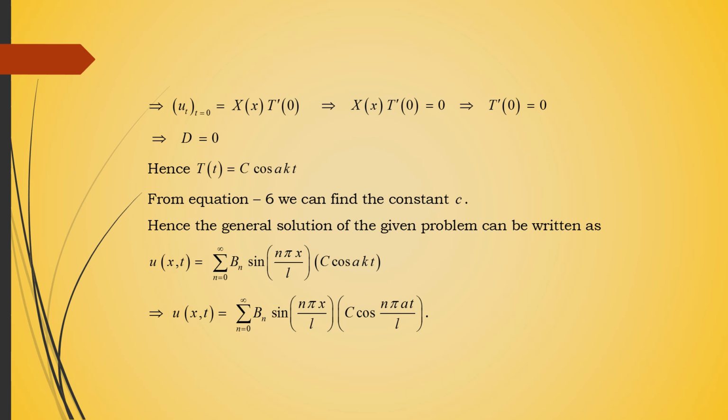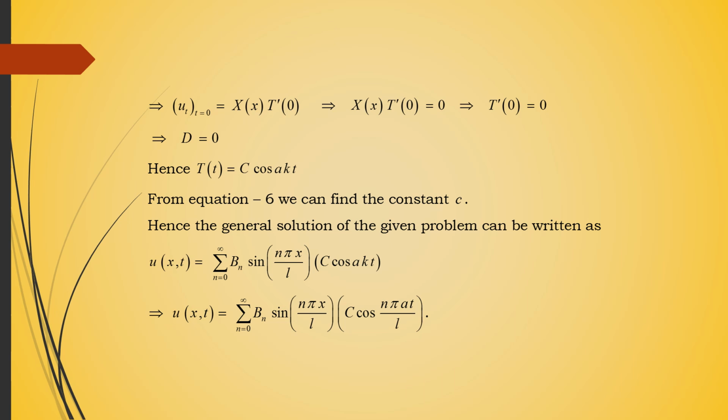Here k equals nπ/L. Then we get u(x,t) = summation n equals 0 to infinity B_n sin(nπx/L) times C cos(nπat/L).